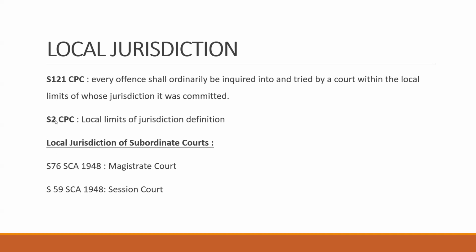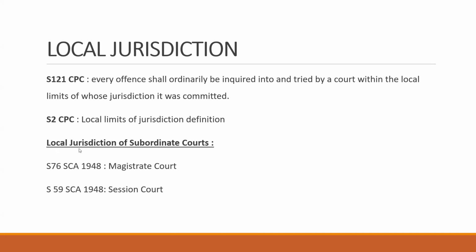And Section 2 CPC defines what it means by local limits of jurisdiction. Pay attention to your Section 2 CPC. Surprisingly, you can get a lot of answers from Section 2. That is to say, what is seizable, non-seizable offense, what is bailable offense, you can get it from there. What is warrant, what is summons, you can get it from Section 2. And the local jurisdiction of subordinate courts is, of course, governed by your SCA.